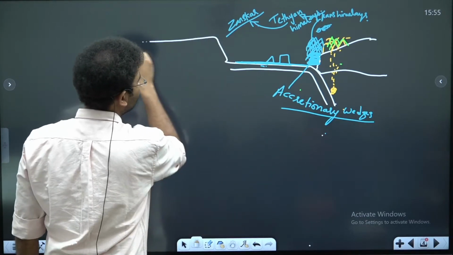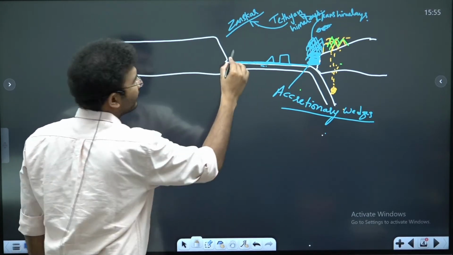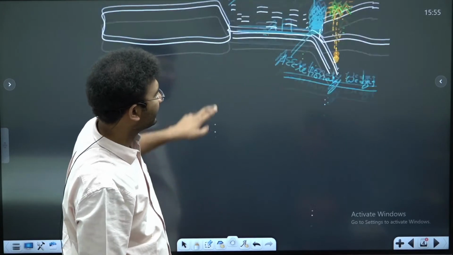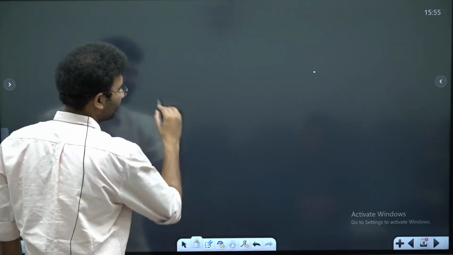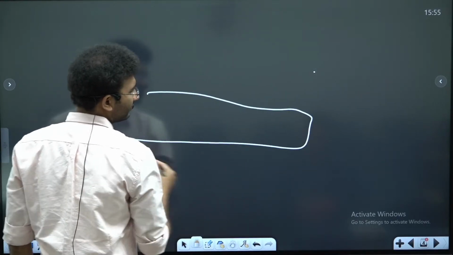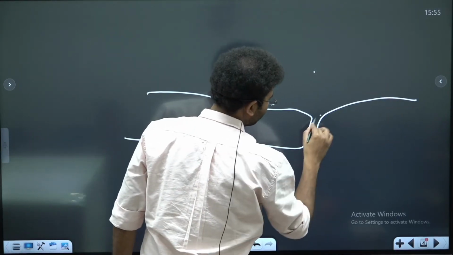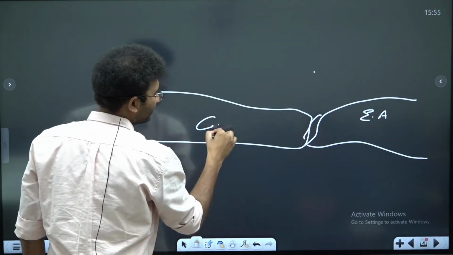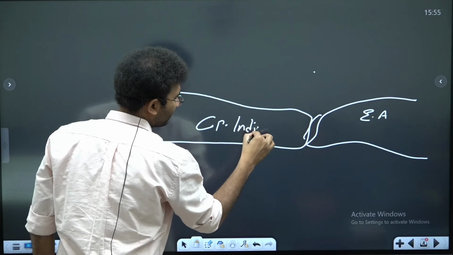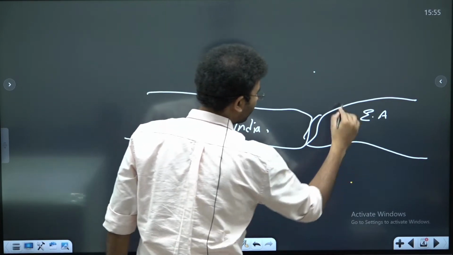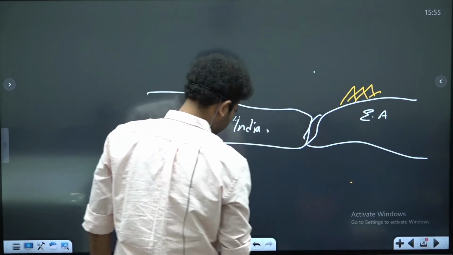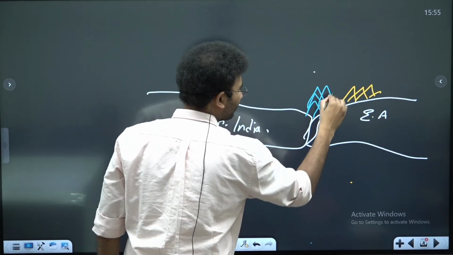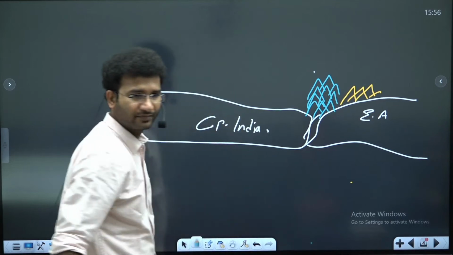where is India? India is somewhere here. ये क्या था? Tethys Sea थे. And then see, if this is your continental plate of India, and then this is your Eurasia, continental plate of India, बीच में already you got to see some volcanic activity, and then these sediments यहाँ पे इकट्ठा हो गया when two plates came up, right?